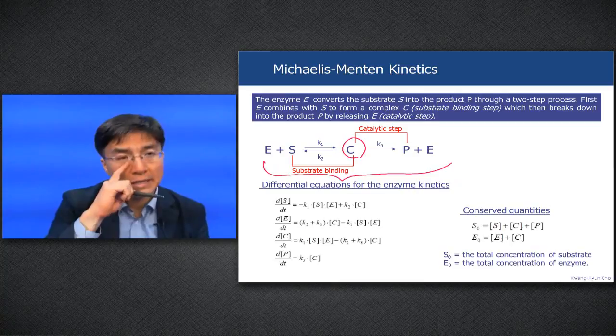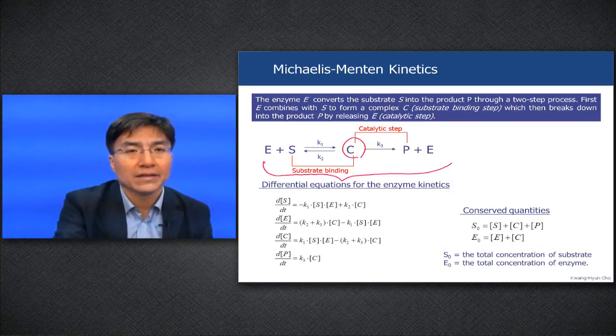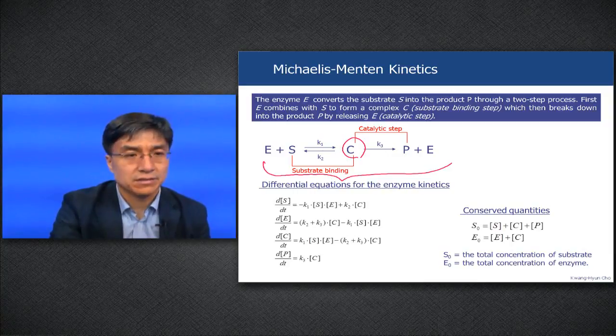So here enzyme and substrate bind together, and then it forms a complex. After that, the substrate changes into product, and enzyme returns to its original state.